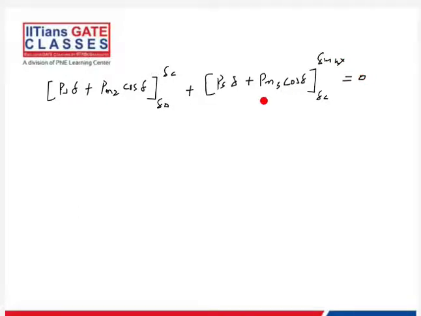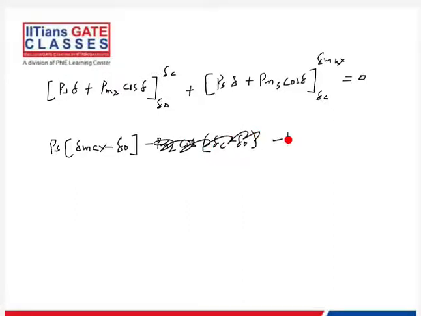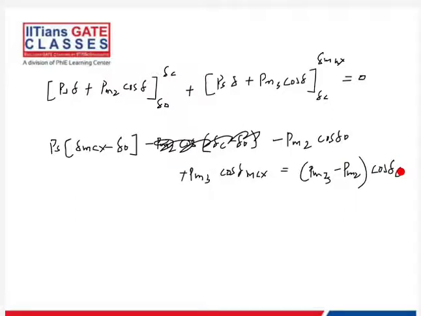So if you substitute, you will get an equation like this: PS into delta max minus delta 0, minus EM2 cos delta C minus cos delta 0, plus EM3 cos delta max minus cos delta C, equal to 0.